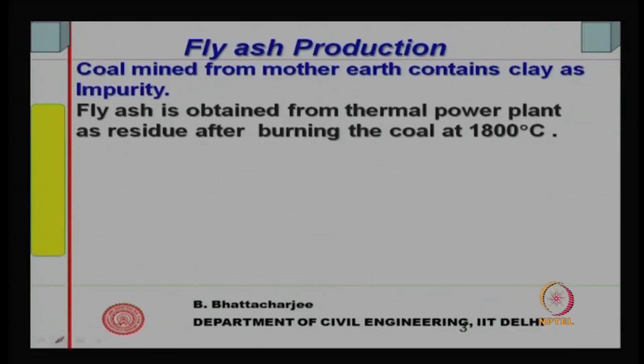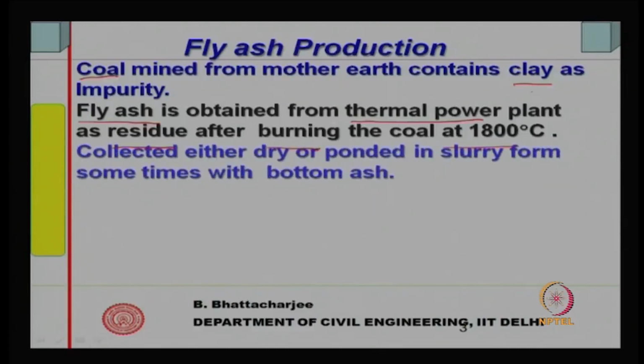The fly ash is obtained from the thermal power plant because this coal is burnt and it contains clay. When coal is ground and burned to produce energy at about 1800 degree centigrade, the residue left after burning is fly ash. In other words, it has something to do with the clay itself.